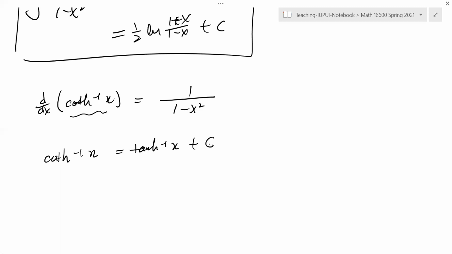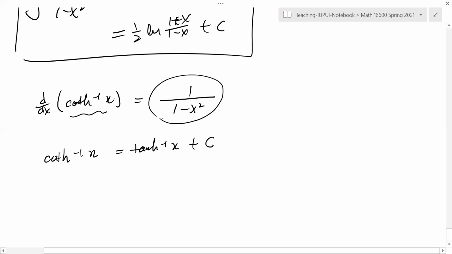Since we do not get any new function except this 1 over 1 minus x squared, we're probably not going to spend time trying to see the inverse of hyperbolic cotangent.